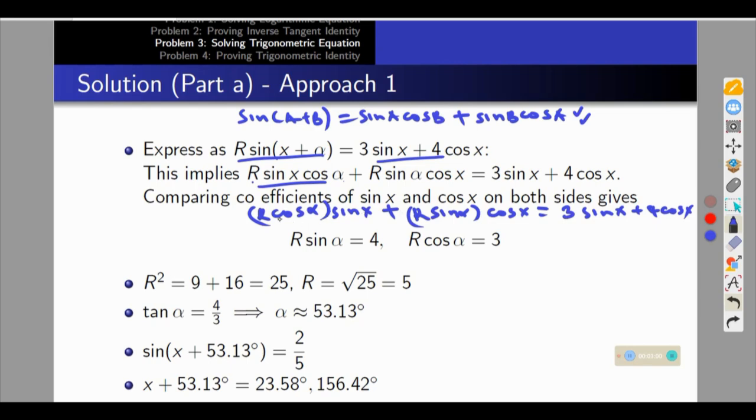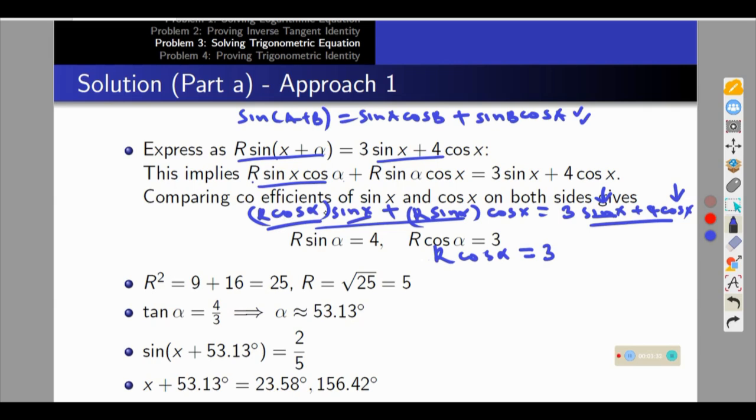So what does that imply? For this expression to be equal to this, the coefficients of sine x and the coefficients of cos x on both sides must be equal. So when you compare the coefficients of sine x and cos x on both sides, you have r cos of alpha equal to 3, since the coefficient of sine x on this side is 3.